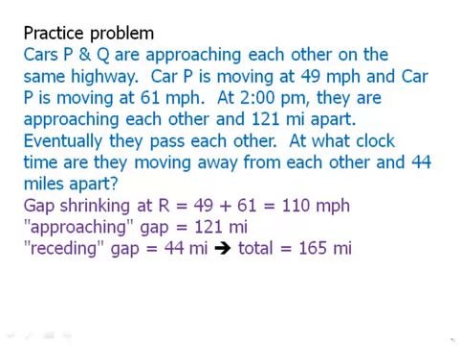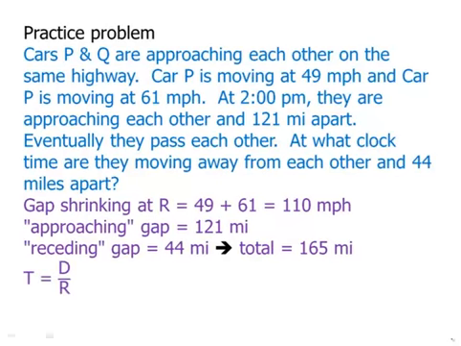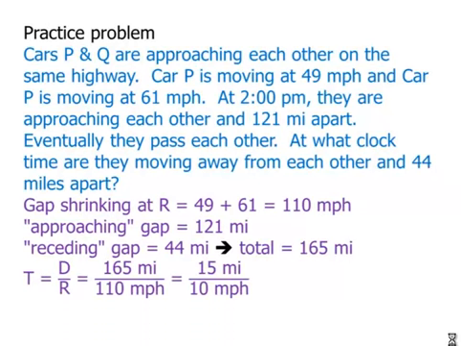We're going to divide that distance by that speed to get the time. 165 divided by 110. This is 15 miles divided by 10 miles per hour. Simplifying, dividing by 11, we get 1.5 hours. So in 1.5 hours it makes this change. 1.5 hours after 2 p.m., that would be 3:30.